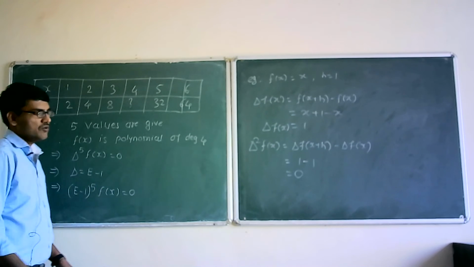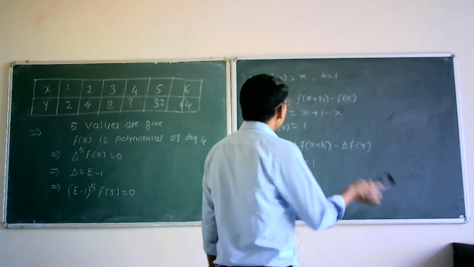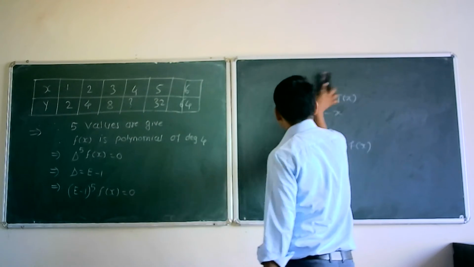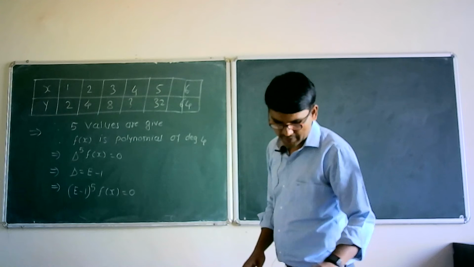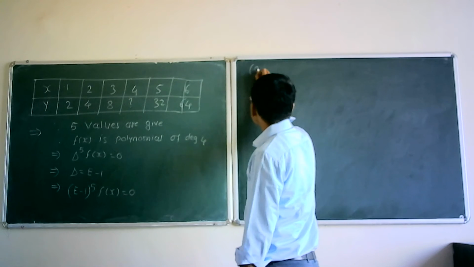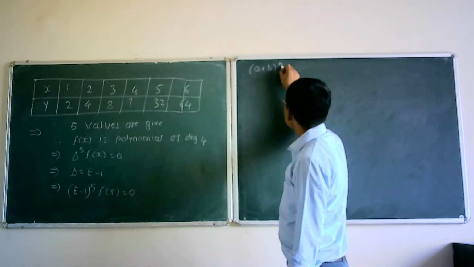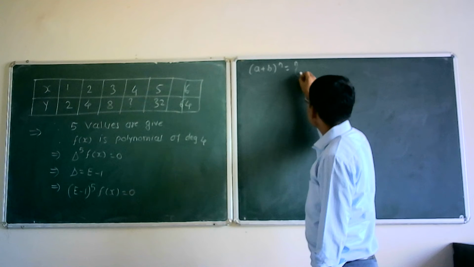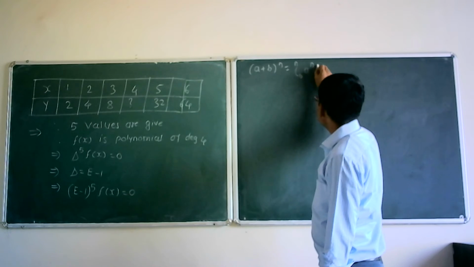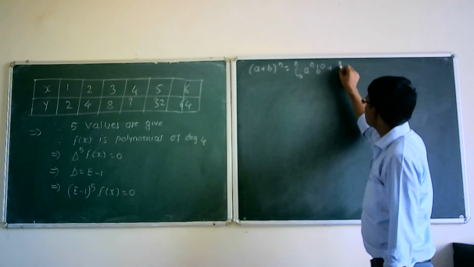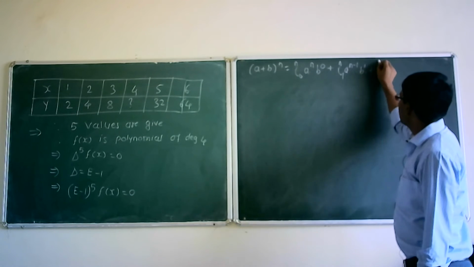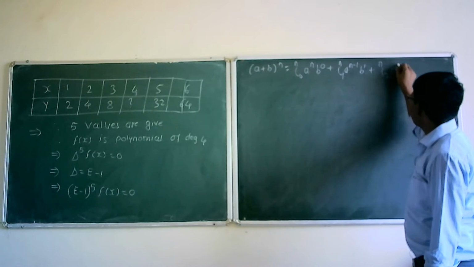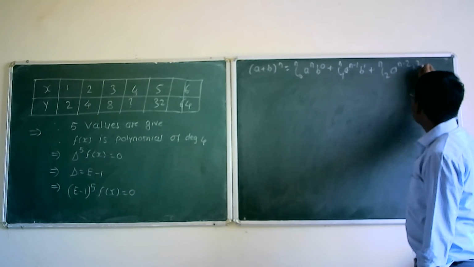Now we know the binomial expansion of a plus b. If (a plus b) raised to n, then we can write it as nC0 a raised to n b raised to 0, plus nC1 a raised to n minus 1 b raised to 1, plus nC2 a raised to n minus 2 b raised to 2, and so on.